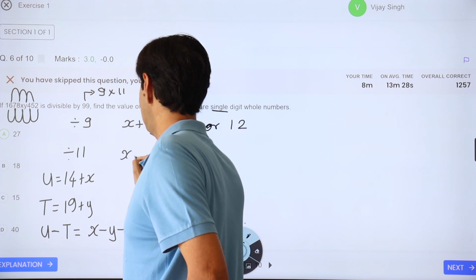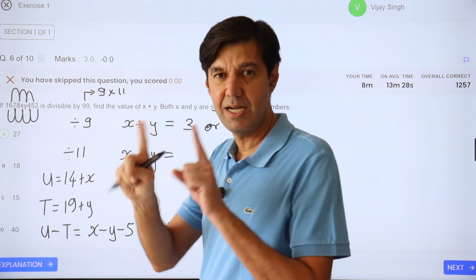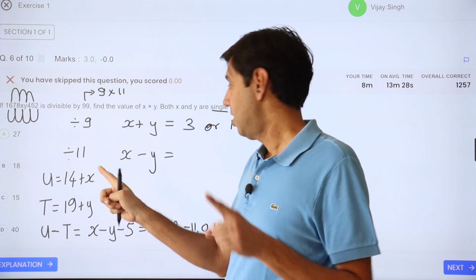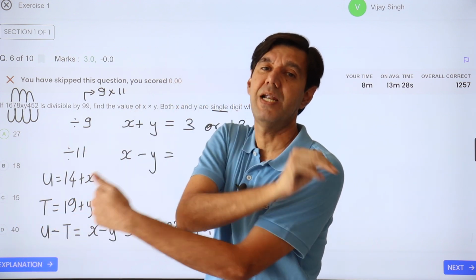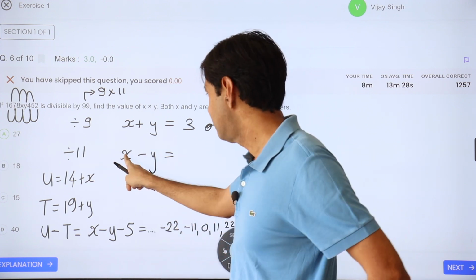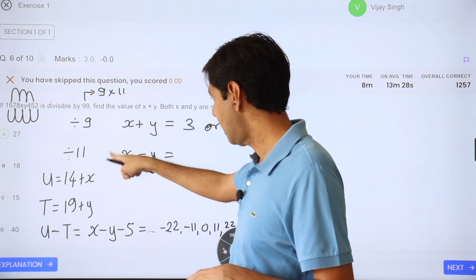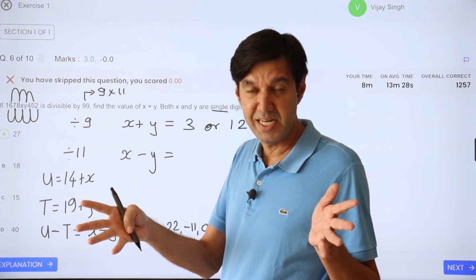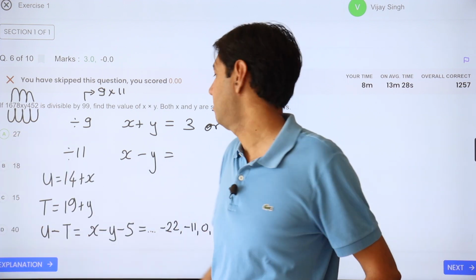You will be getting the value of X minus Y. And remember, X and Y are again digits. So now the difference can only be from minus 9 to plus 9. If this is 0 and this is 9, the difference is minus 9. If this is 9 and this is 0, the difference is 9. And these are the extreme cases. Check any other value, it will be between them.